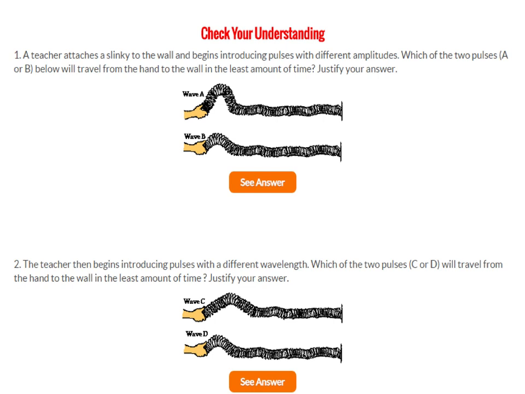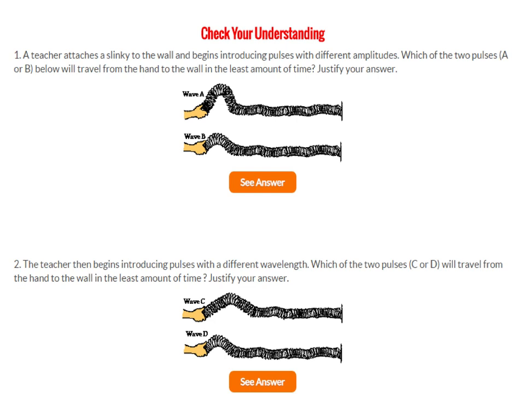A. Who says A? B. How about they get there at the same time? Yeah, they get there at the same time! Because does amplitude affect my speed? No.